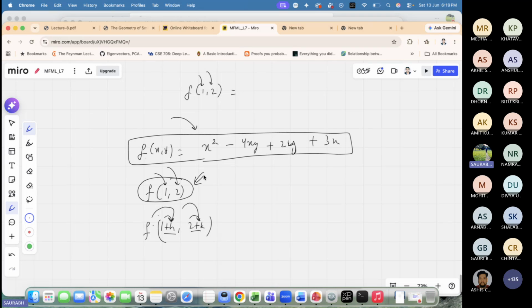So it's better that you practice it, because they will give you a function like this, and then they will ask you to expand it around a point.